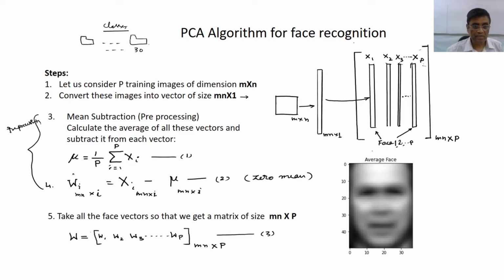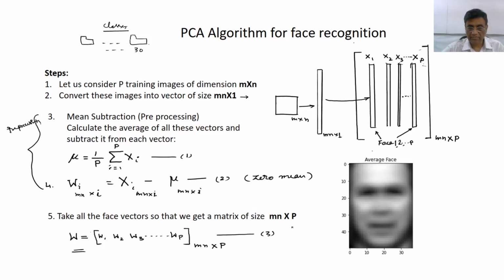This we will use afterwards. After subtraction of the mean, you have this face vector W, whose dimension is mn cross P. I suggest you understand the dimension everywhere, so that there will be no confusion. And this is actually the average face, which we have calculated as the average of all these vectors.